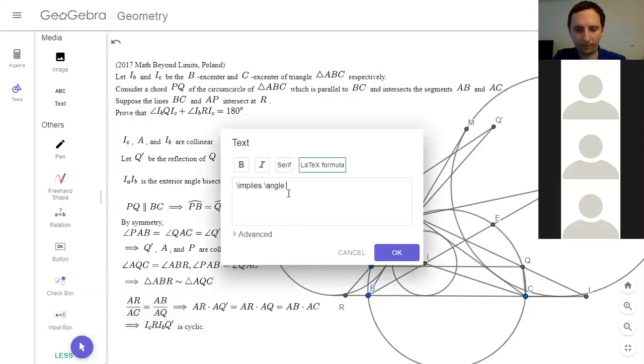So we have angle IBR IB plus angle ICQ prime IB is equal to, well, I'll just write it like this.